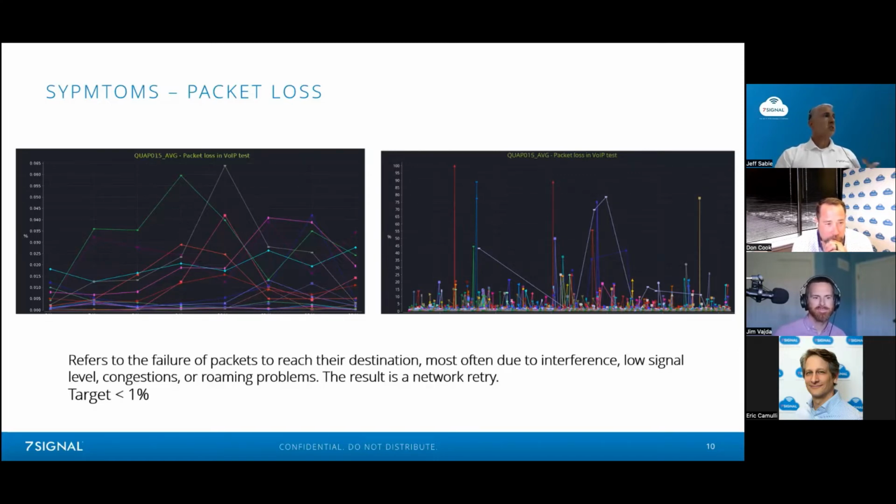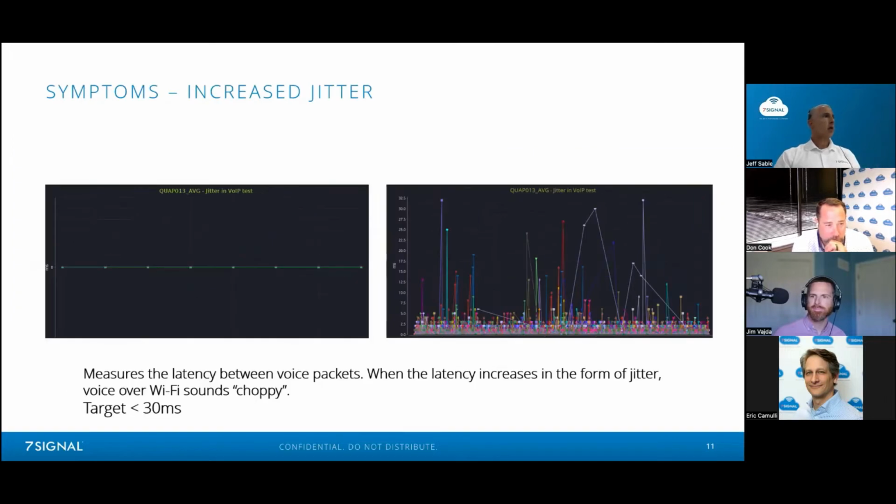Right. And then similarly with jitter, I wanted to show a couple of examples. So Jim, I think the left-hand screen looks pretty good from a jitter measurement. Would you agree? Couldn't be better. So that's flat at 0. And then you look on the right-hand side, if we want to target 30 milliseconds or less, for the most part, the right-hand side is actually below that number 30, although there are some spikes, a few inconsistencies throughout, and some spikes over 30.